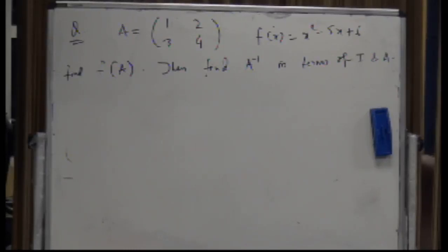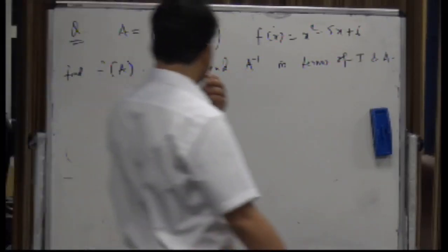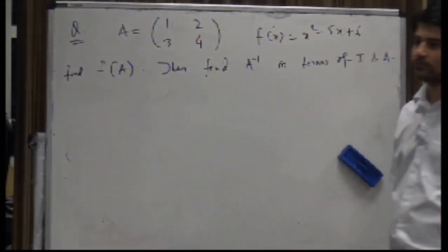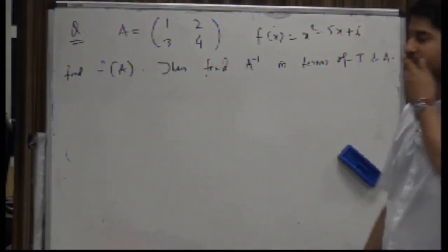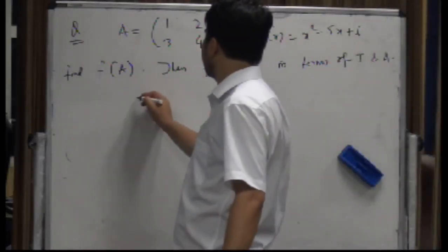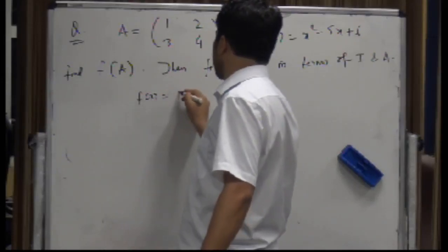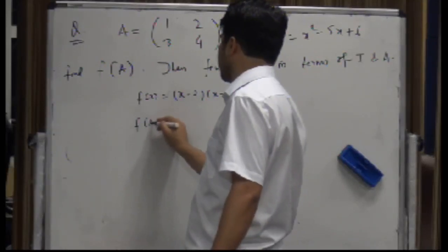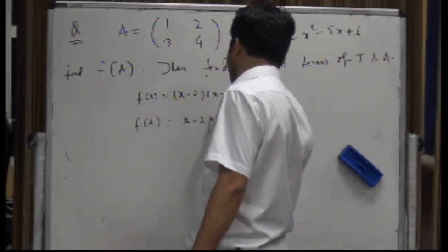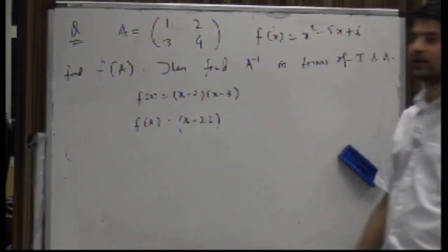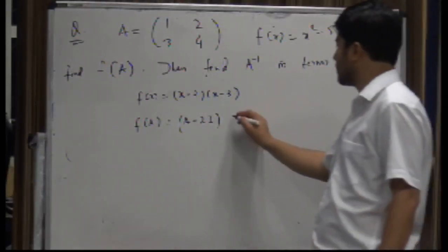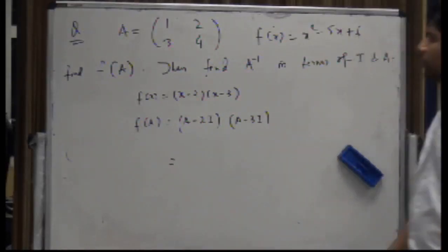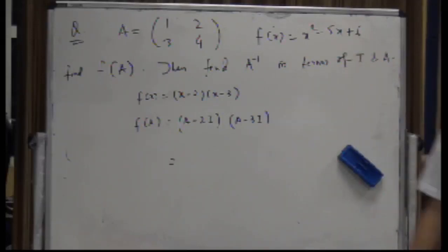You don't have to. See, f(x) is x minus 2 into x minus 3, so f(A) is going to be A minus 2I into A minus 3I. What is A minus 2I into A minus 3I?